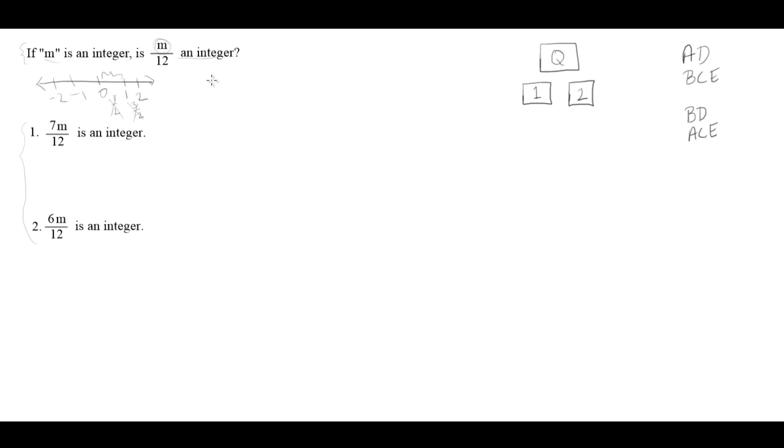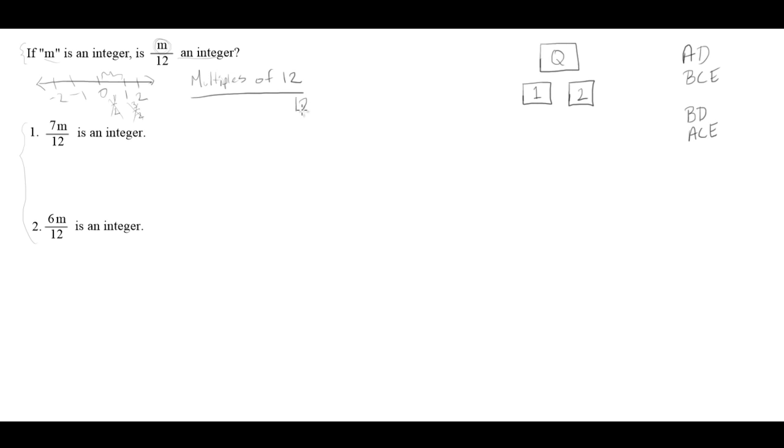Well, how would we know the answer to that question? Well, what numbers can be divided by 12 and give us a whole number? Multiples of 12 when divided by 12 will give us a whole number.